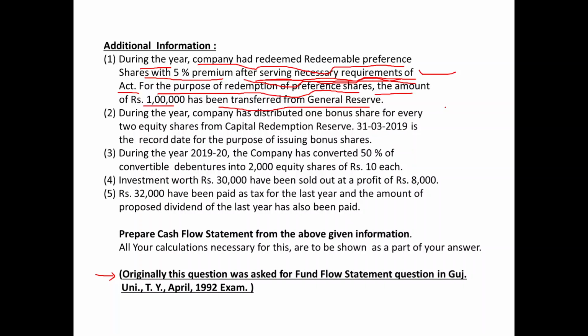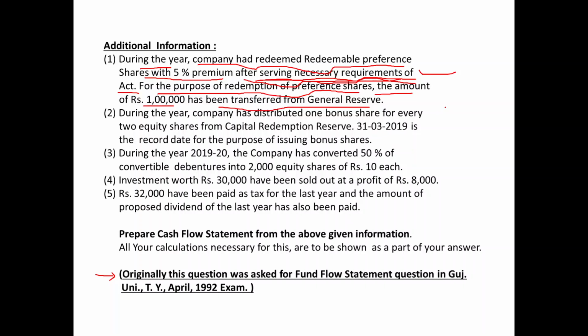Fourth provision. If redemption is to be made with premium, then this redemption premium is an expenditure for the company and it should be met or provided either from A, share premium account balance, or B, from distributable profits of the company.